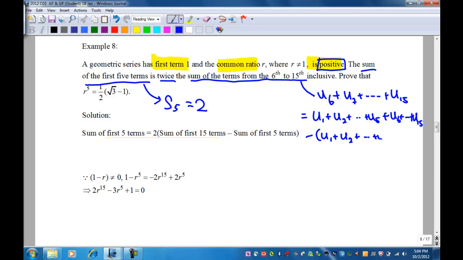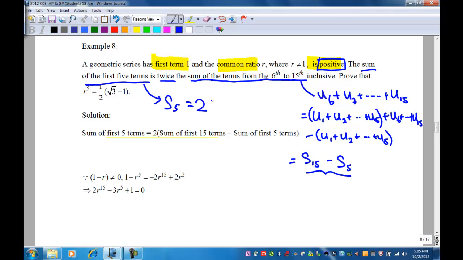So from here, can we see that this is actually the sum of the first 15 terms minus the sum of the first 5 terms. So the sum of the terms from the 6th to the 15th term can be represented as S15 minus S5.